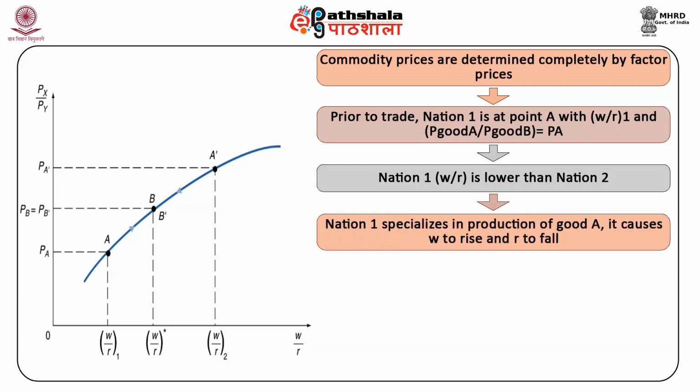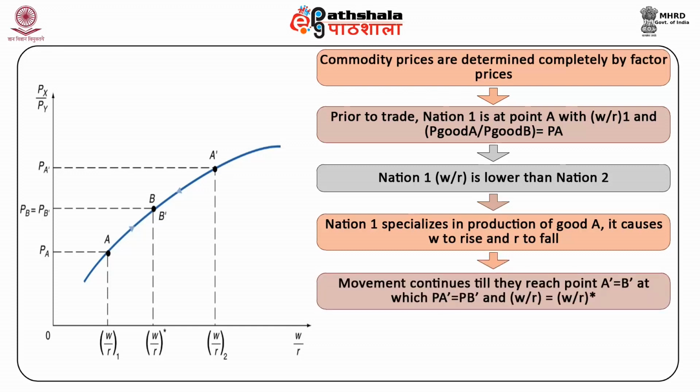As Nation 1 specializes in production of good A, it causes W to rise and R to fall, causing W/R to rise. On the other hand, simultaneously in Nation 2, the specialization in good B will cause R to rise and W to fall, causing R/W to rise or W/R to fall.